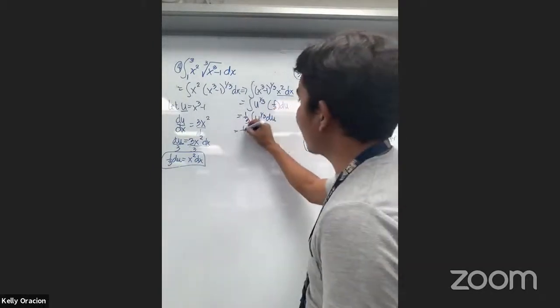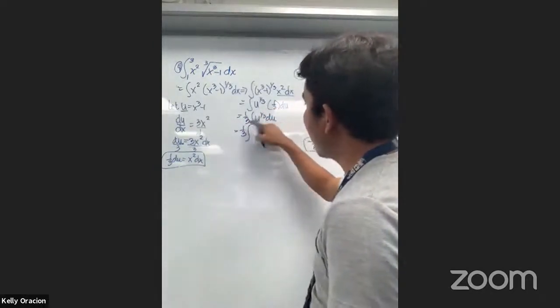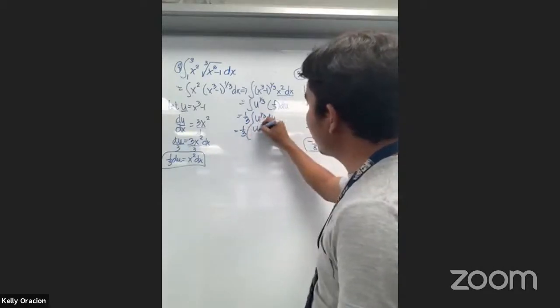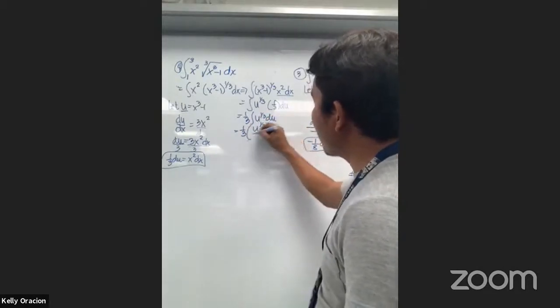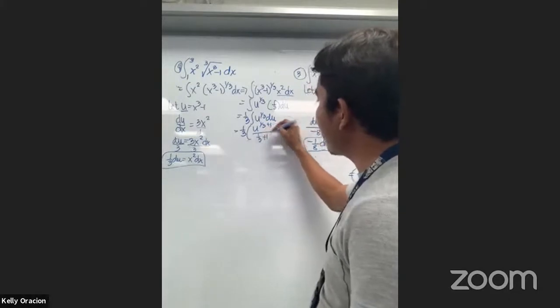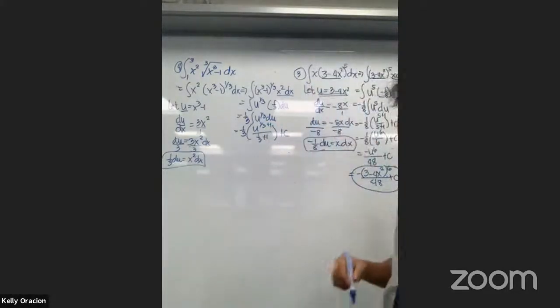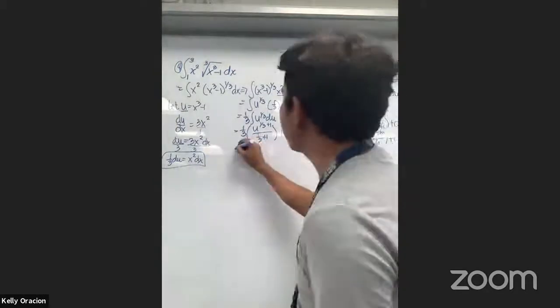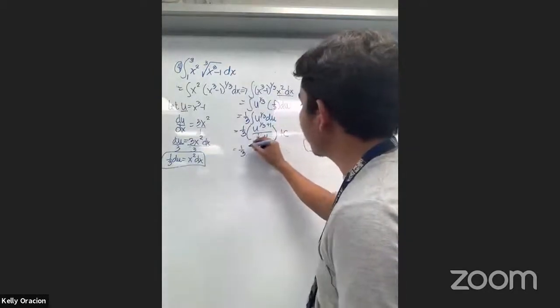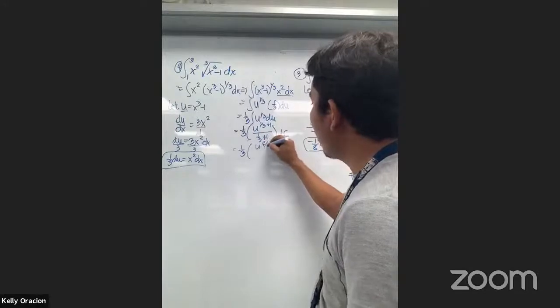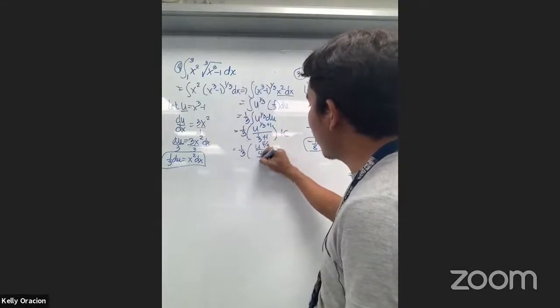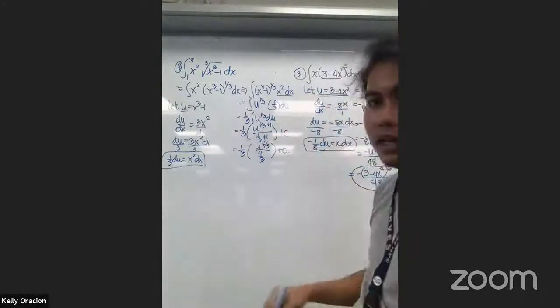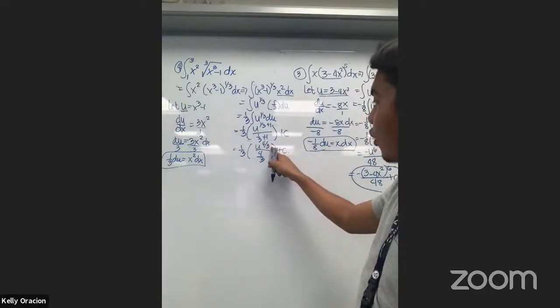So you have 1/3, u to the 1/3 plus 1, over 1/3 plus 1, plus c. Next, 1/3, u to the 4 over 3, over 4 over 3, plus c. 1/3 plus 1 is 4 over 3.